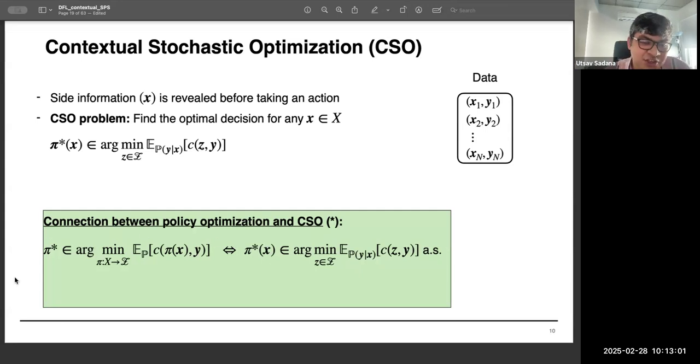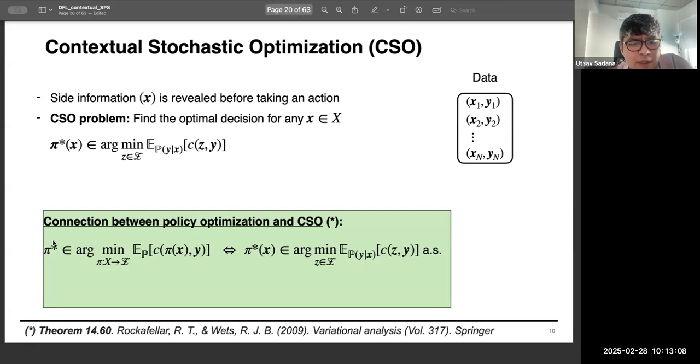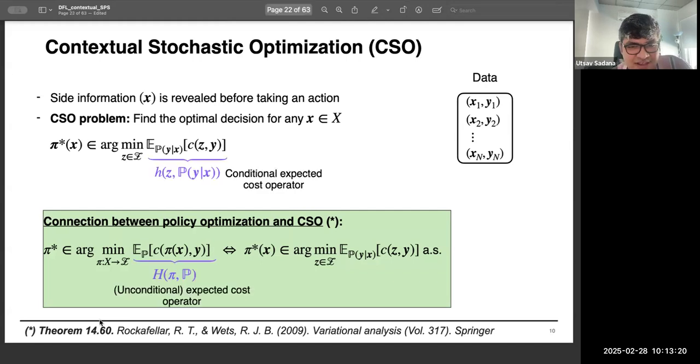And this enables you to solve this policy optimization problem and thereby get a policy for your contextual stochastic optimization problem. This connection is given in Theorem 14.60, which is a popular theorem in the literature on contextual stochastic optimization.